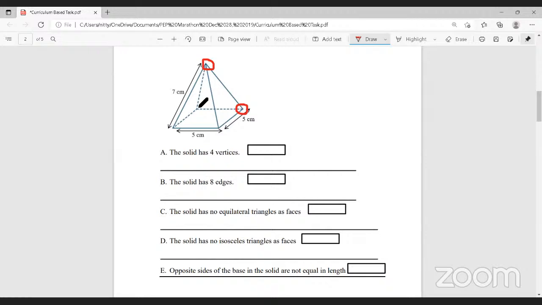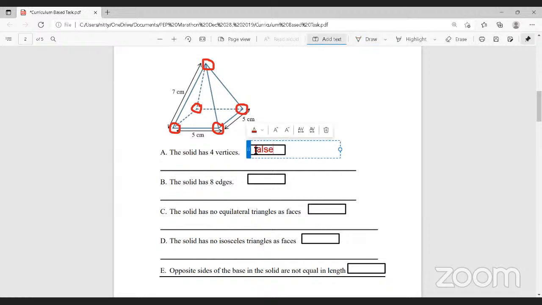Behind here that we can't see, but it is there, is another 1. That's 3 so far. Here is another vertex. And here is another vertex. Let's see how many we have. If we have 4. 1, 2, 3, 4, 5. So it's definitely false. So first we need to write false.